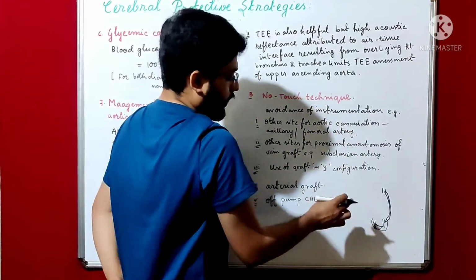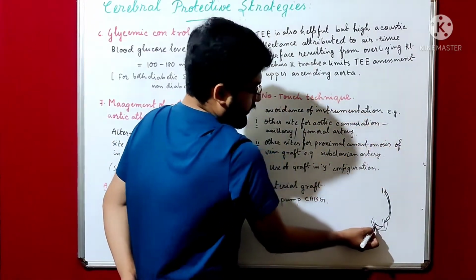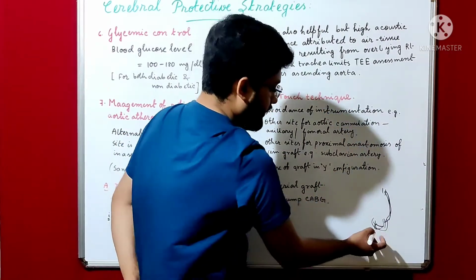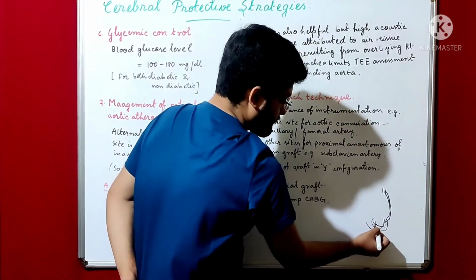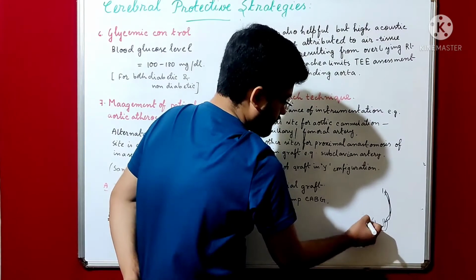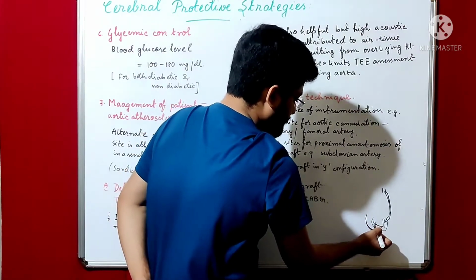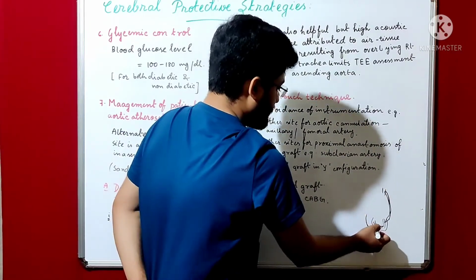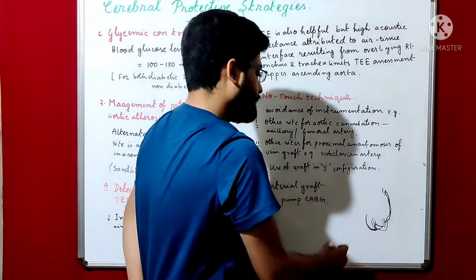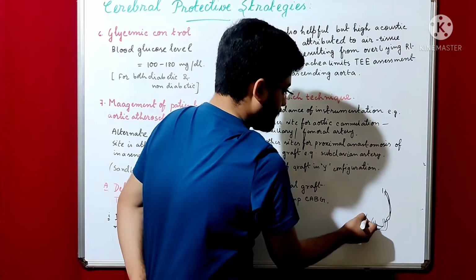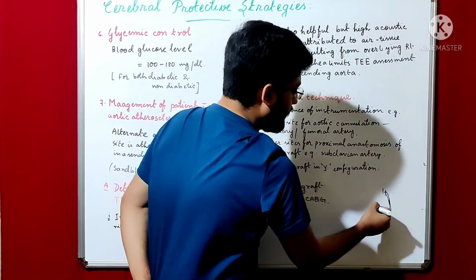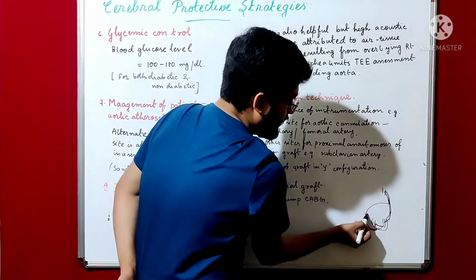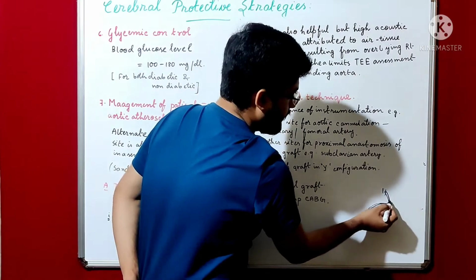And what is Y configuration? The distal anastomosis is done at the needed site. If RCA is to be grafted, the distal anastomosis is done at RCA and the proximal anastomosis will be done on this graft, on the previous graft.